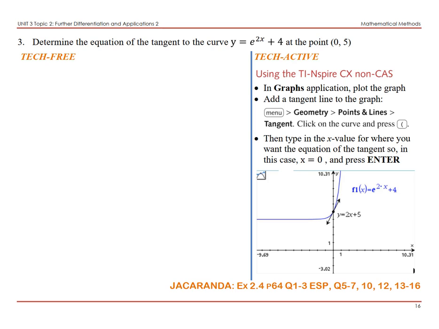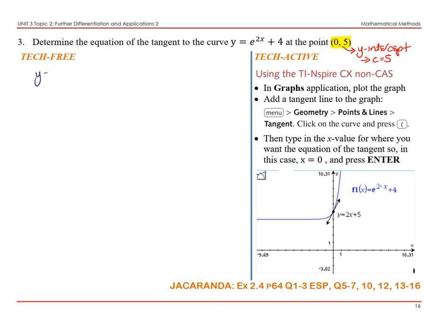Last example, determine the equation of the tangent to the curve y equals e^(2x) plus 4 at the point 0, 5. So we've just got one extra step. I'm also going to take note here, 0, 5, that is the y-intercept, which is going to save me time because that means c is equal to 5.